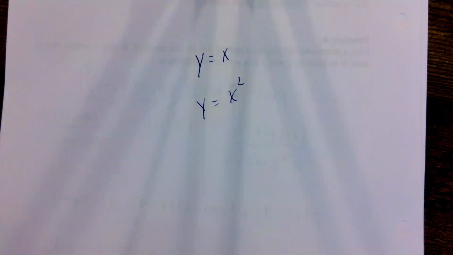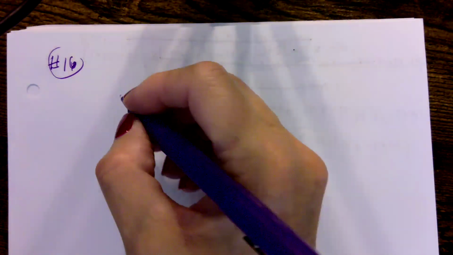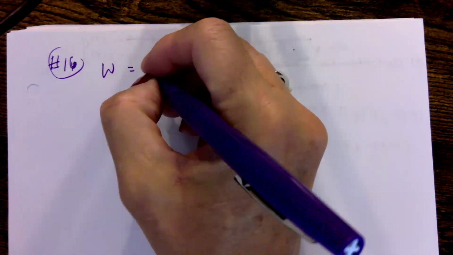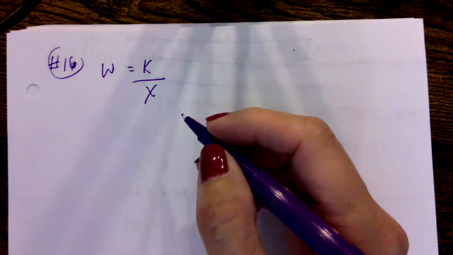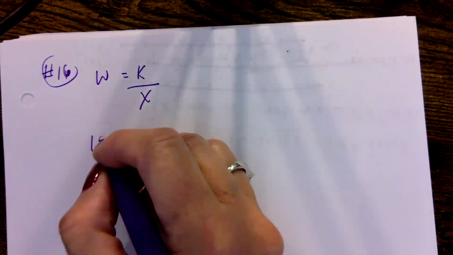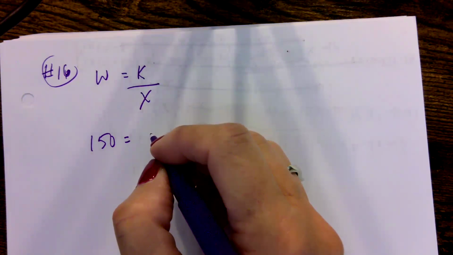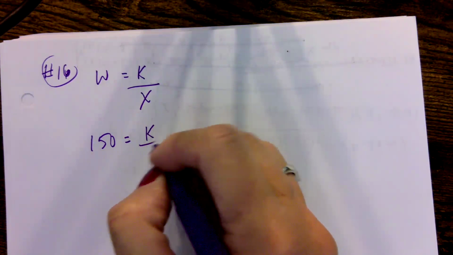Okay, so it says the weight is varying inversely with the distance X. And we know the weight is 150 and the distance is 7.